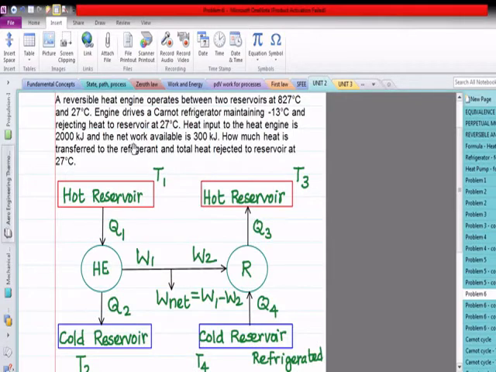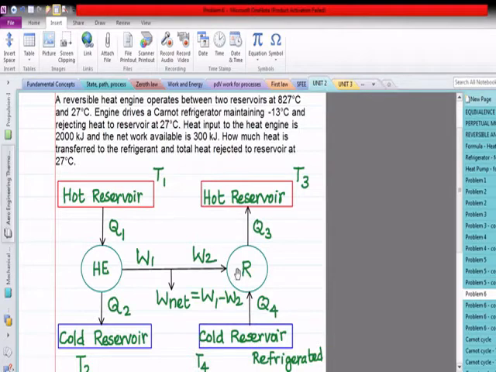Whenever the term net work available is given in a combined refrigerator heat engine system, the net work indicates the work obtained by subtracting between W1 and W2. We know that W1 is the useful work output from the heat engine. W2 is the work input required for the refrigerator.